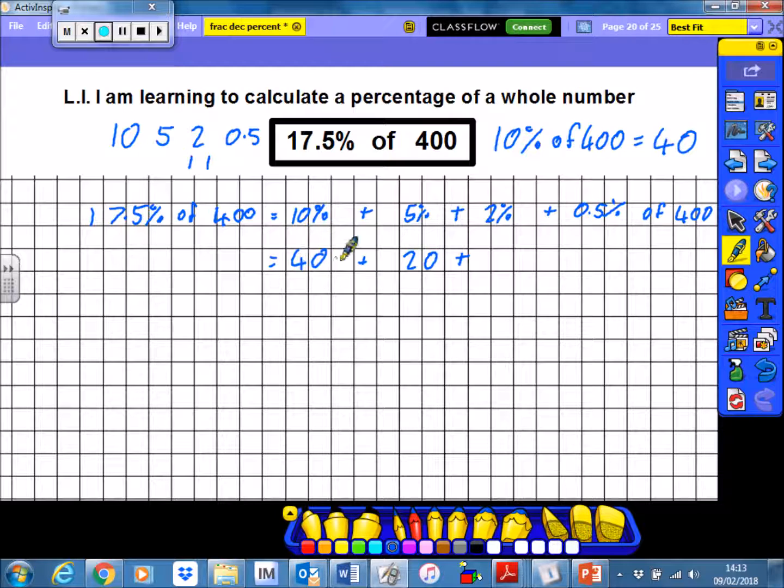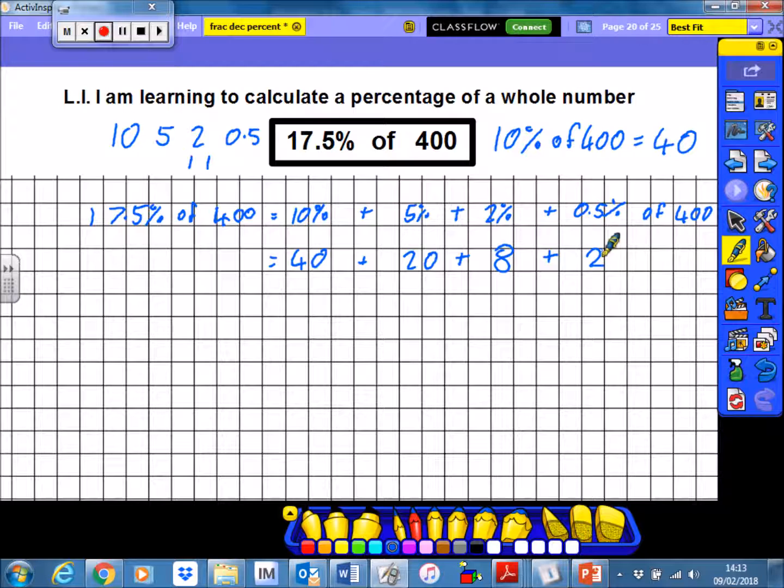The 2%, I take my 40 and I'm going to divide it by 5, because to turn a 10 into a 2, I divide it by 5. So 40 divided by 5 is 8. And lastly then, my 0.5. I'm going to take 40, I'm going to divide it by 10, which gets me 1%, so that's 4. But then I'm going to divide it by 2 to get 0.5%, which is going to be 2. So 1% is 4, so 0.5% is 2.